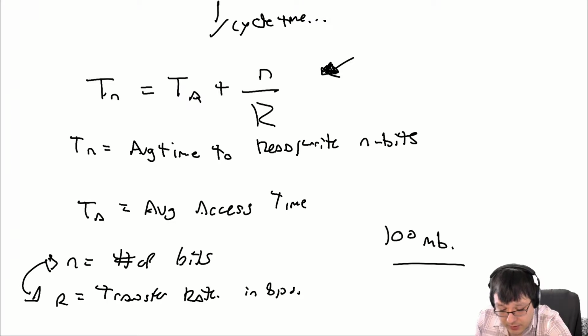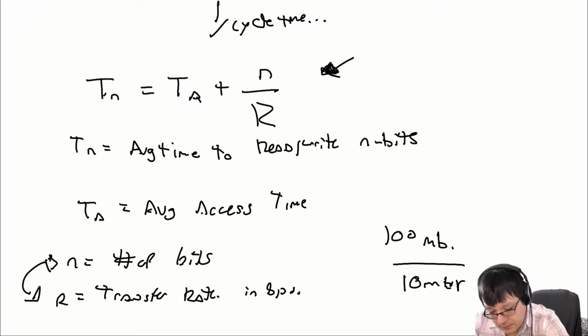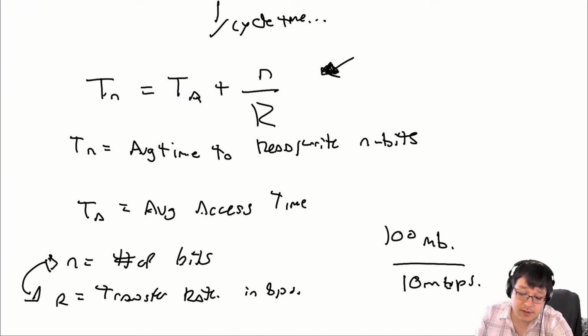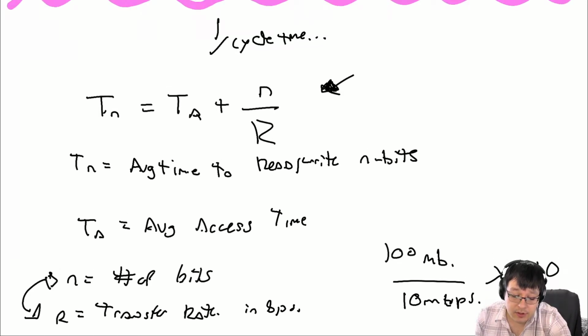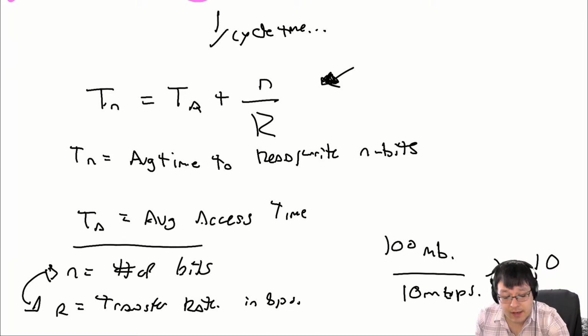So let's say we want to transfer 100 megabits, and the transfer rate happens to be 10 megabits per second. This is trivial math, right? You can do 10 per second, you got 100. How long is that going to take? 10 seconds, right?